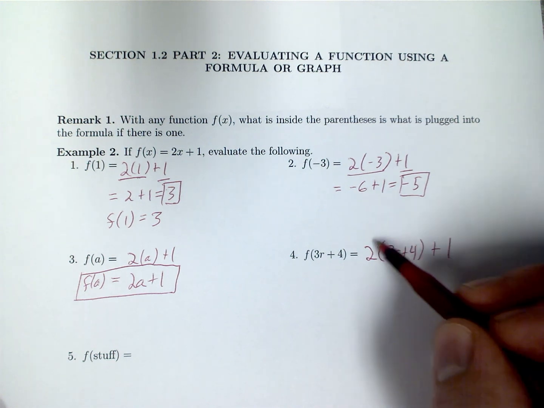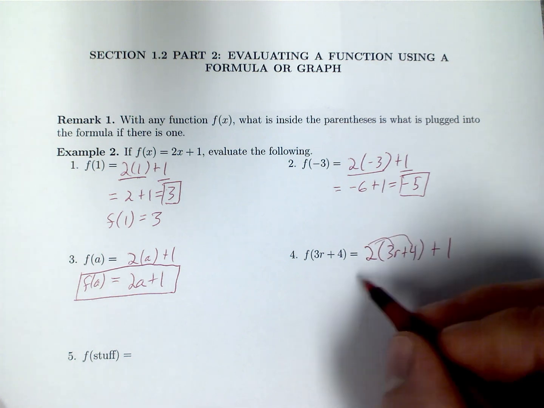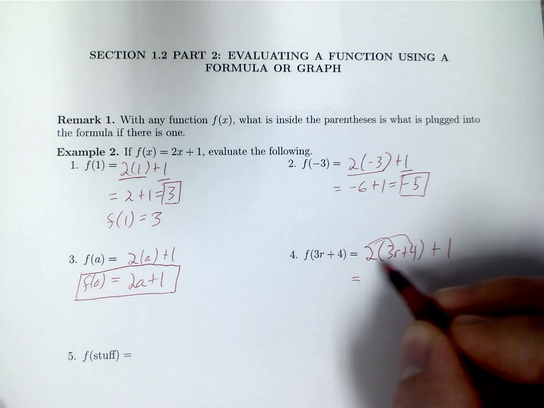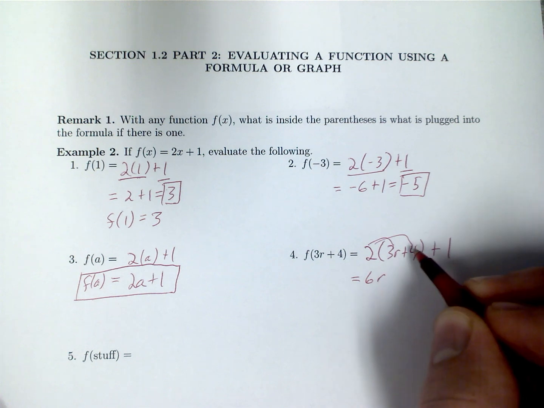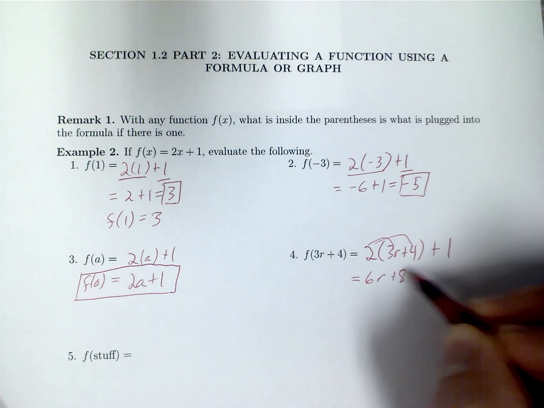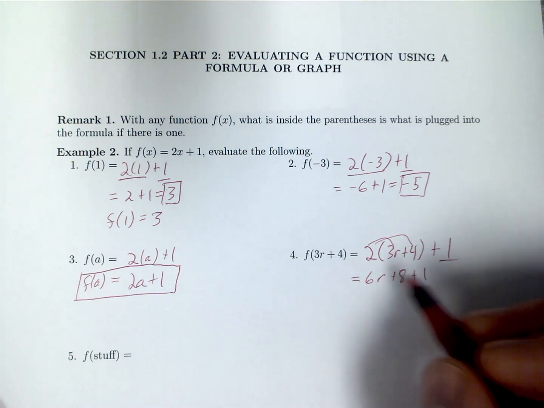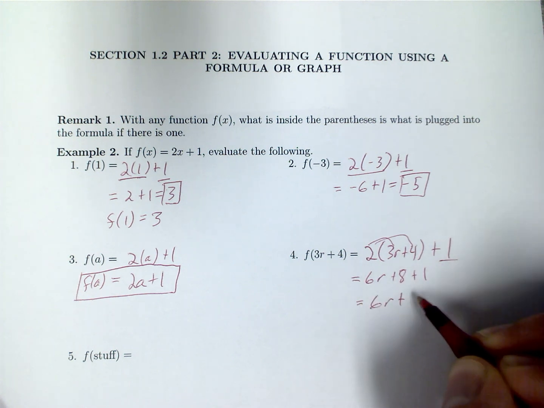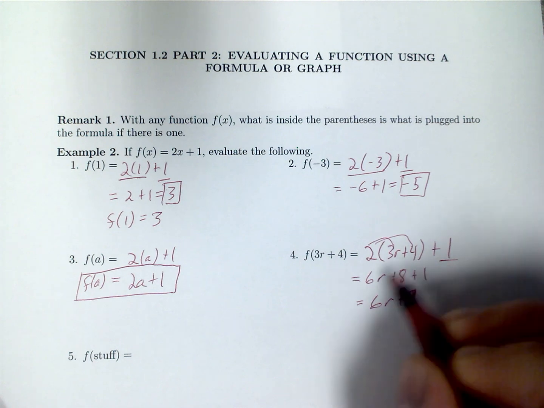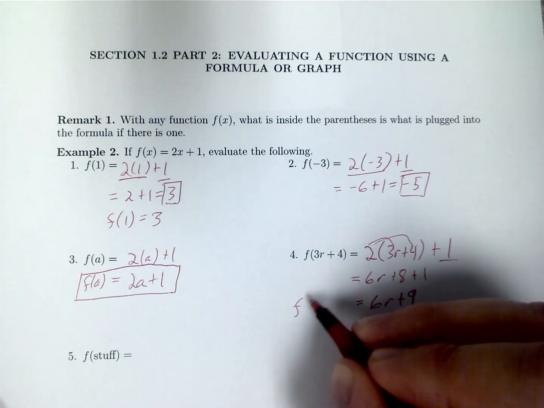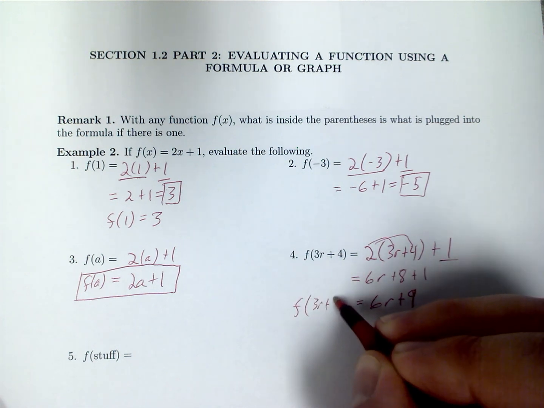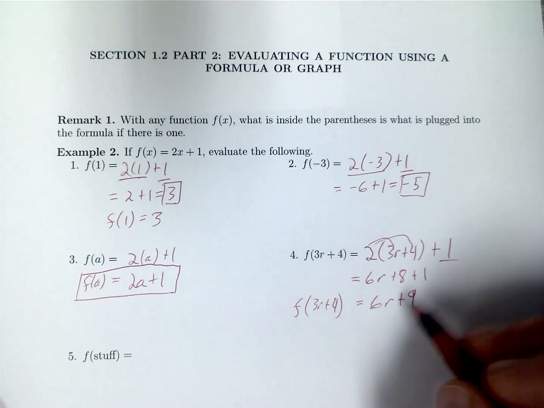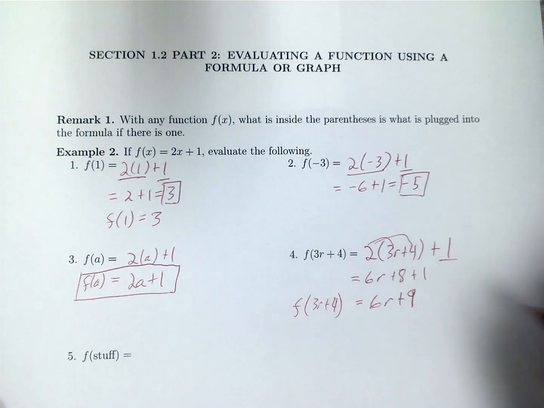We can multiply, which means distribute. 3r times 2 is 6r. 2 times 4 is 8. And we still have this plus 1 hanging out. 8 plus 1 is 9. So altogether, this simplifies to 6r plus 9. So if we plug in 3r plus 4, we get out 6r plus 9.